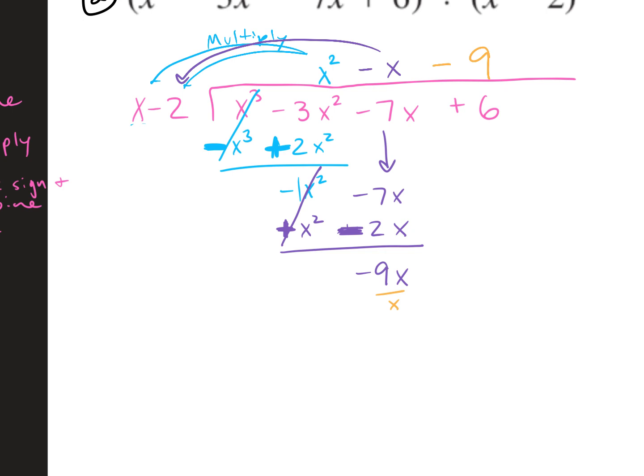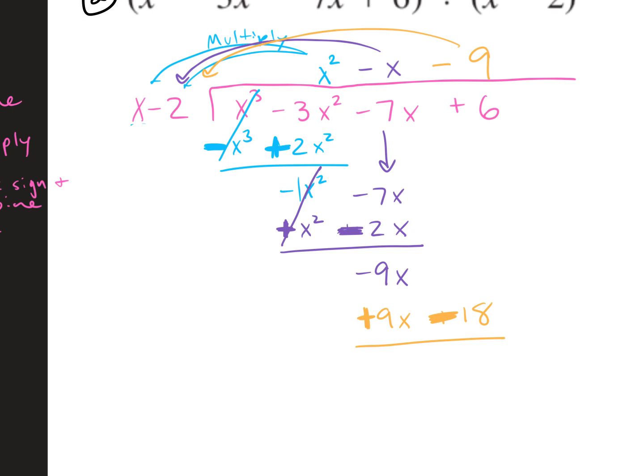What do we do after we divide? Multiply with everything out front. So negative 9 times x is negative 9x. It'll always be the same thing right above it. And then what's negative 9 times negative 2? Positive 18. What's next? Change the sign, and combine.